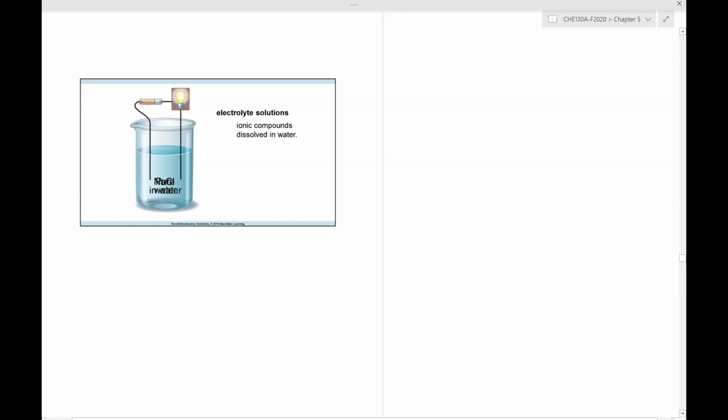One way we can experimentally tell if something is ionic, and I'm not sure what the problem with our image is here, I think the caption is supposed to say NaCl in water, and it looks like it just overheated. But what we have here is a battery and a light bulb.